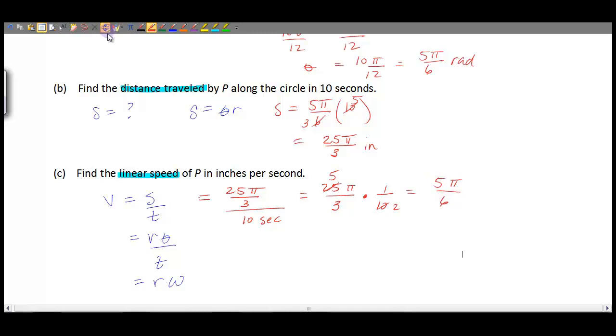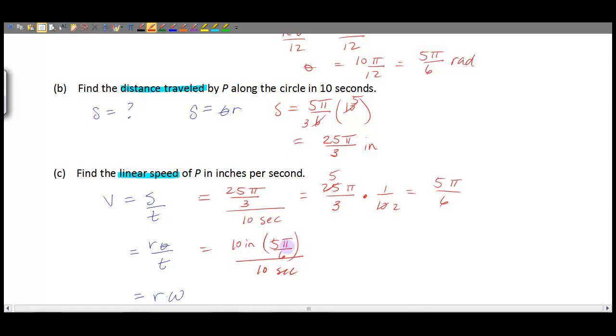Let's see if I had tried it using the formula radius times theta over time, let's make sure we get the right number. I just have to make sure I get the right variables. The radius is 10 inches. Theta is 5 pi over 6. Time is 10 seconds.